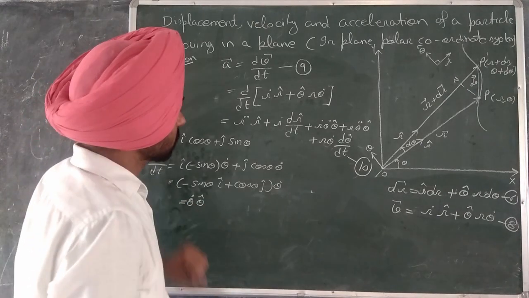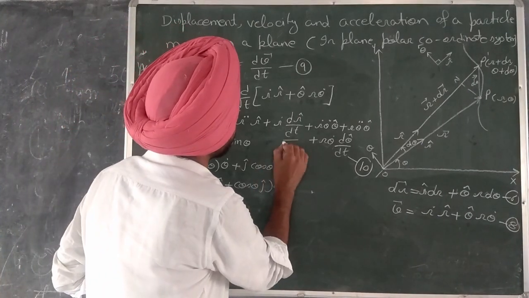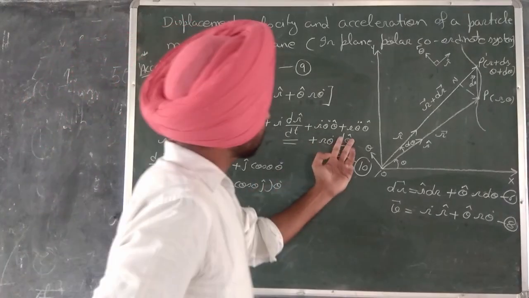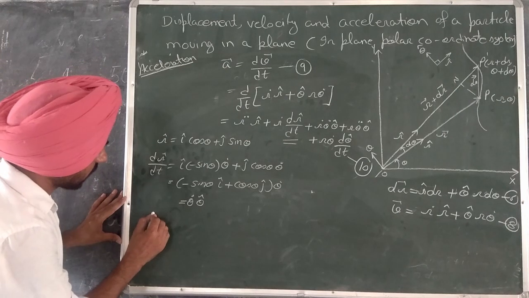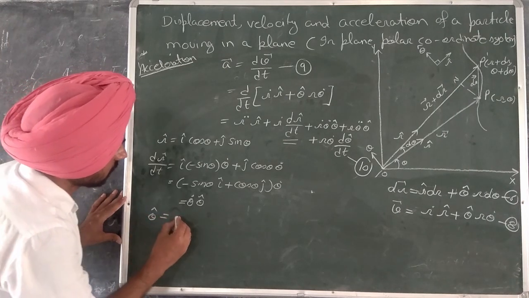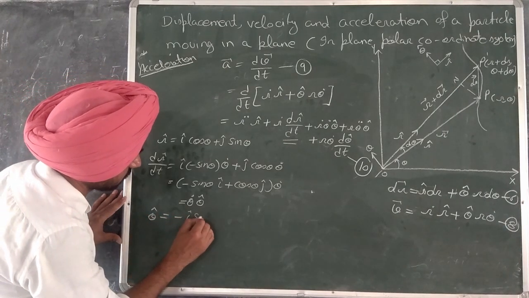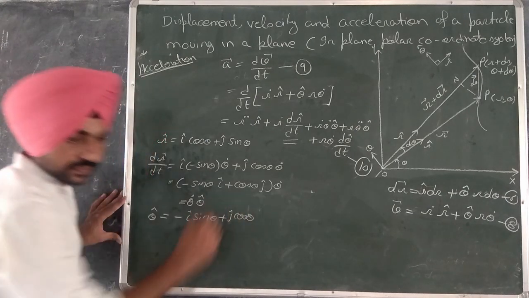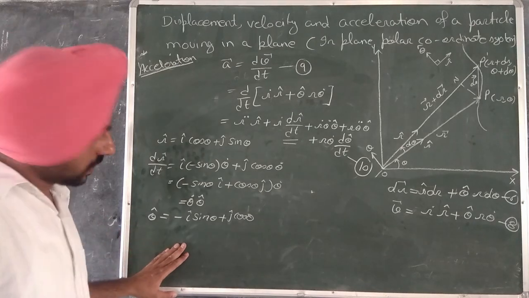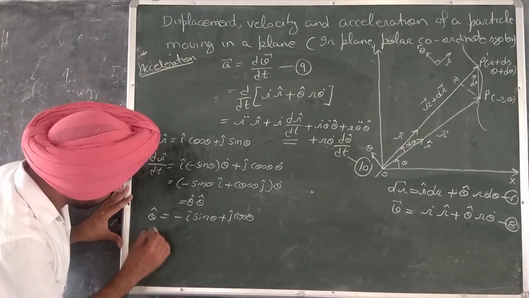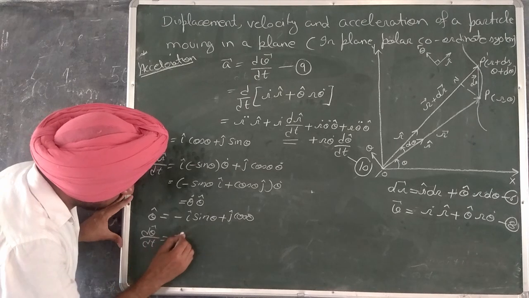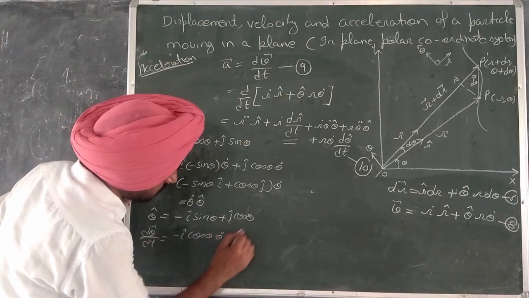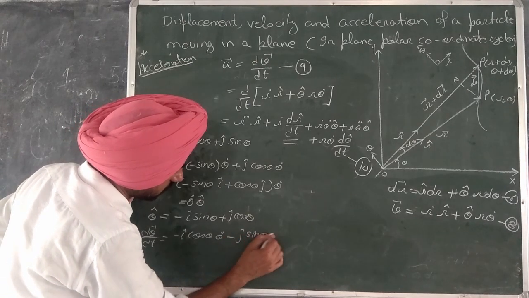So this is one expression we had to find for substitution at dr cap upon dt. Now we will find out d theta cap upon dt. We know theta cap is minus I cap sin theta plus j cap cos theta. So derivative d theta cap upon dt is minus I cap cos theta theta dot minus j cap sin theta theta dot.